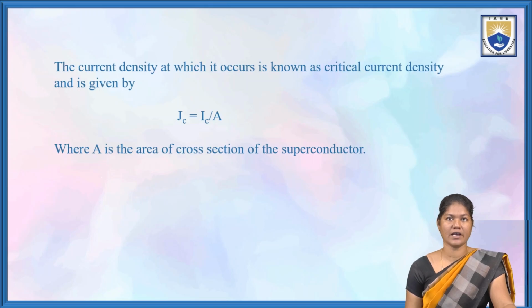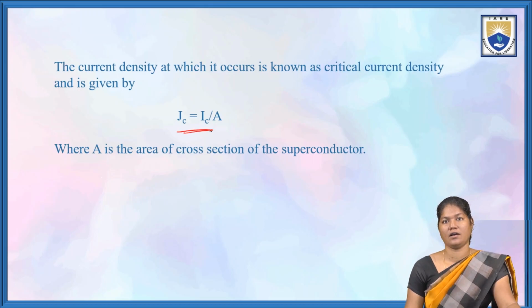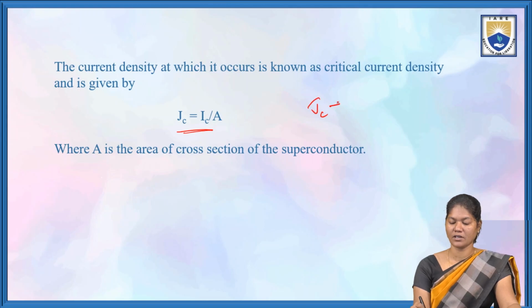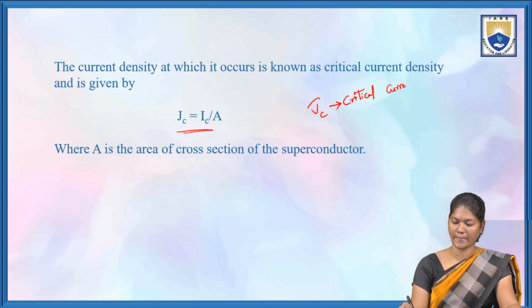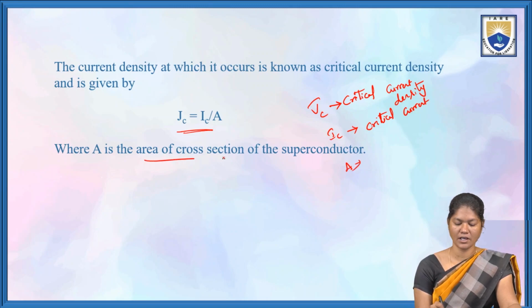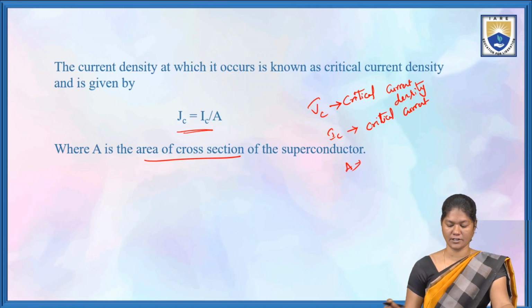The current density at which it occurs is known as the critical current density JC, equal to the critical current IC by A, where JC is the critical current density, IC is the critical current, and A is the area of cross section of the superconductor.